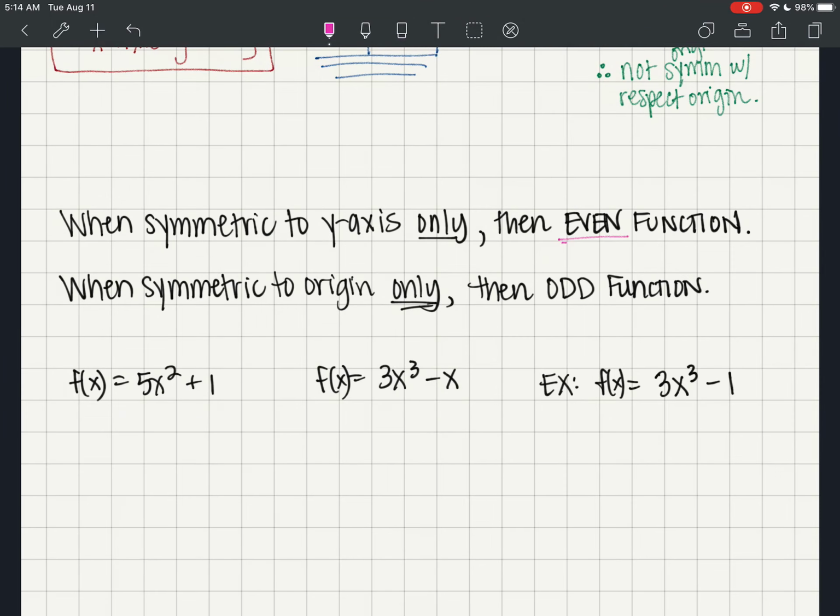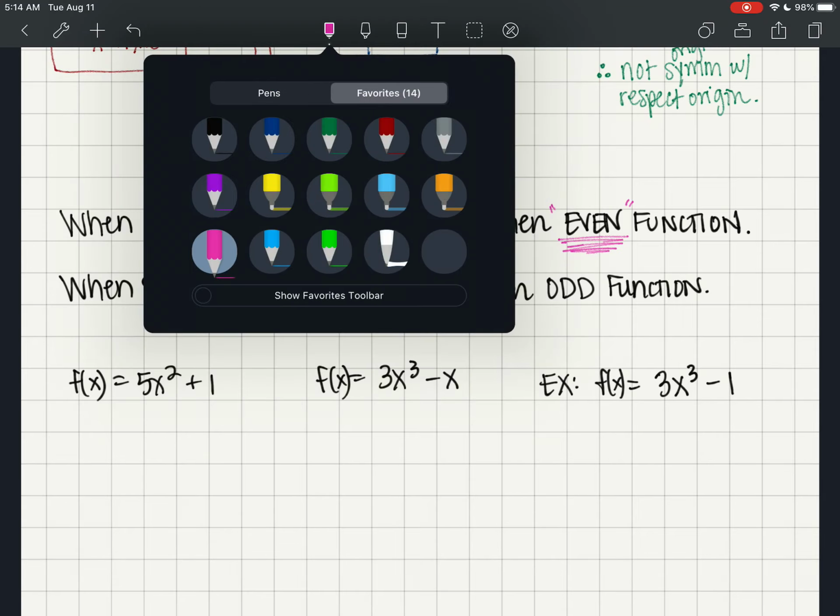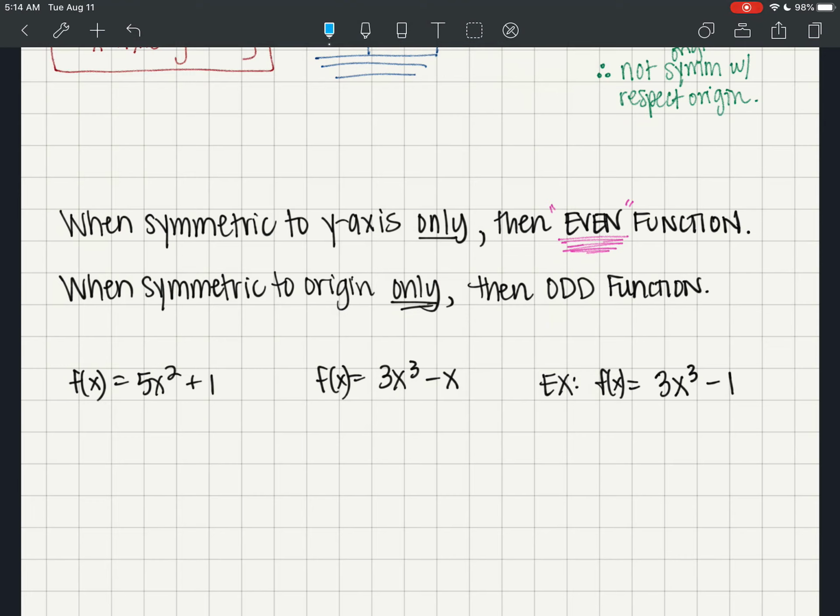So then it's an even function. And when you have symmetry with respect to the origin only, then you have an odd function. So if it's a combination, we're not talking about even and odd functions. When it's the y-axis only, you have an even function, and when it's the origin only, you have an odd function.